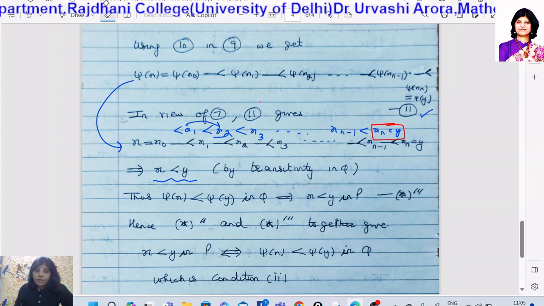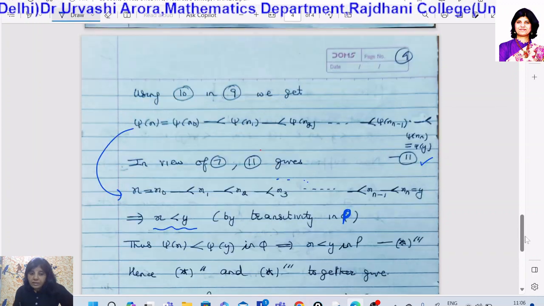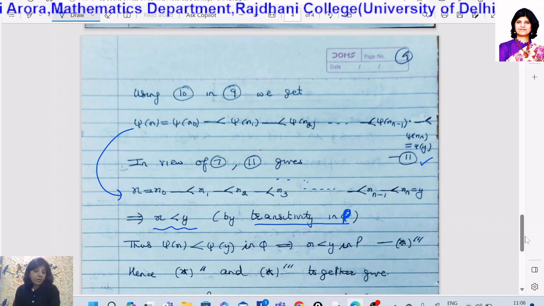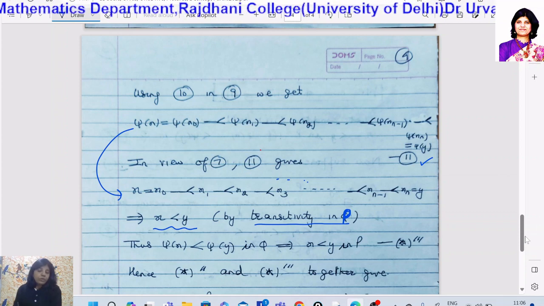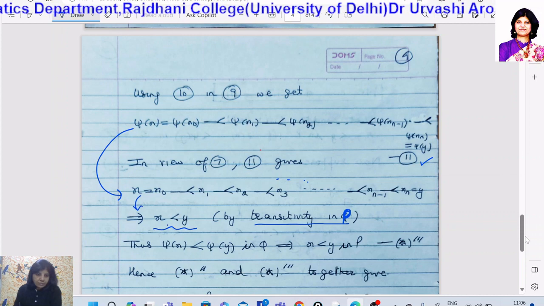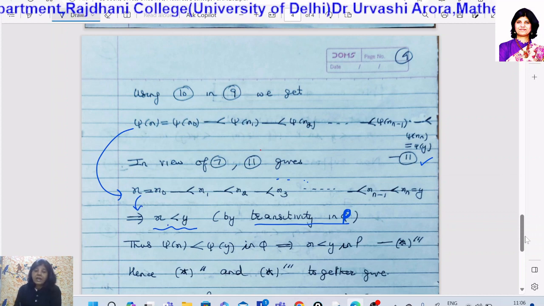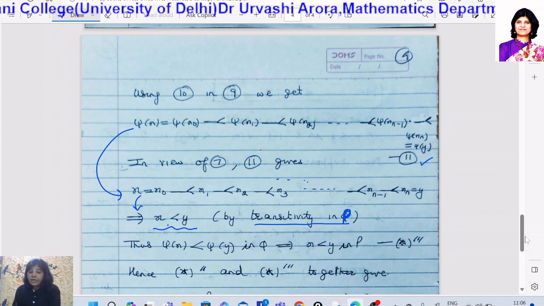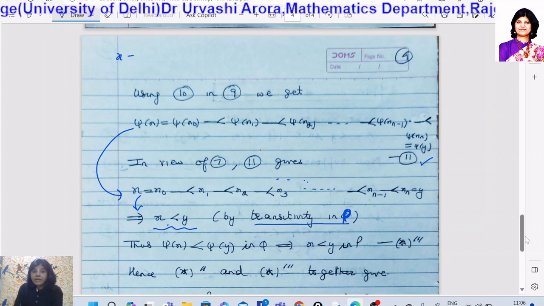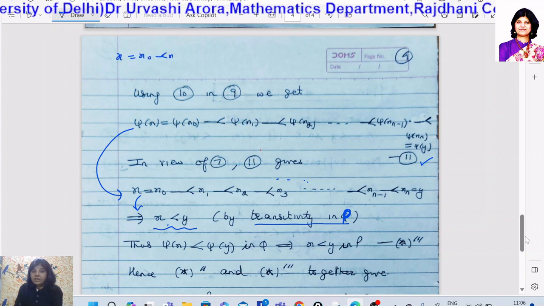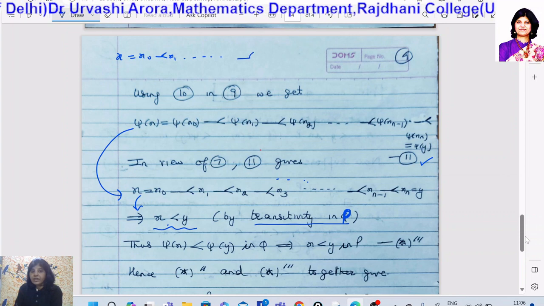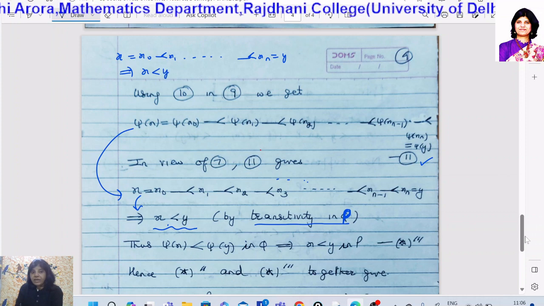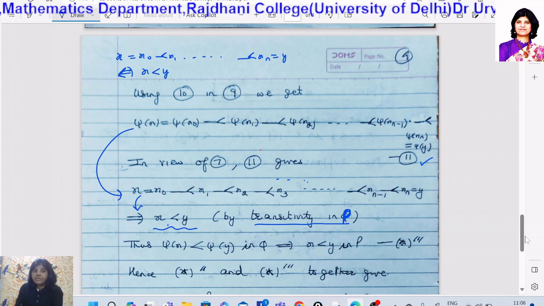This is one way of giving the argument: you have to use transitivity in P. These are elements of P, not Q. So either you can use transitivity and conclude this particular line from the above line, or, because P is given to be a finite poset, and in a finite poset, whenever you have a finite sequence of covering relations like this, with x_n equal to y, then this implies that x is strictly less than y, and if x is strictly less than y, then there exists a finite sequence of covering relations.